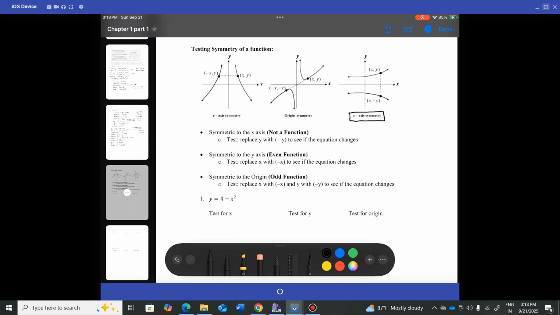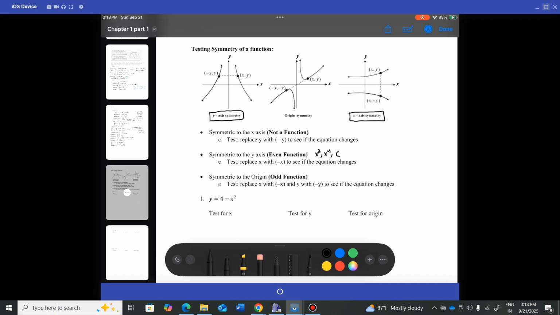The next one is when it's symmetrical to the y-axis. So that's the first one here. Those are what we call even functions. So when you see polynomials that have x squared, x to the fourth, or even just a constant number, and only have those, you know there's going to be symmetry with the y-axis.